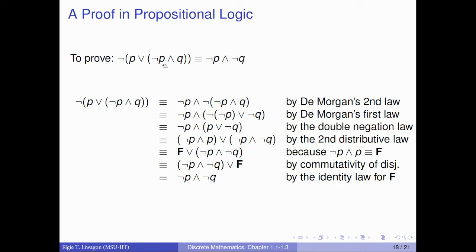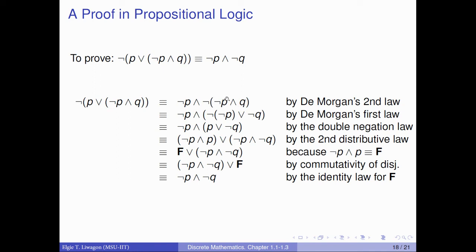For the left side, we apply De Morgan's law. Can you see De Morgan's law here? This negation has been distributed here, not P, then to this one, changing this to and. Not P, and the negation of this. Then De Morgan's first law is applied to this one here.